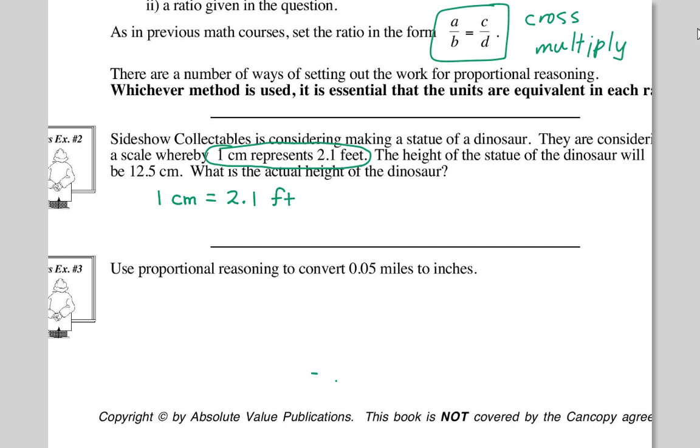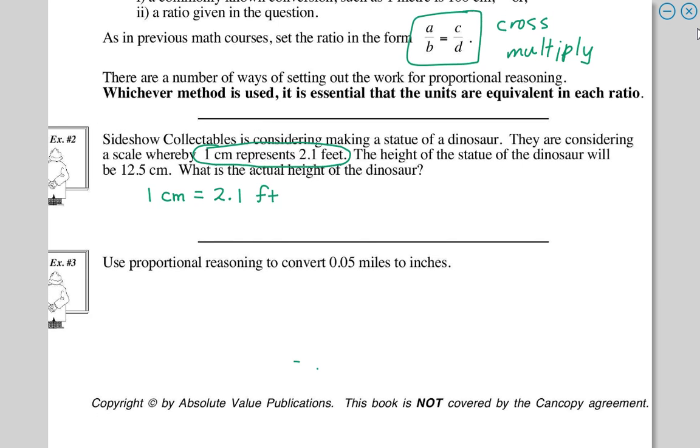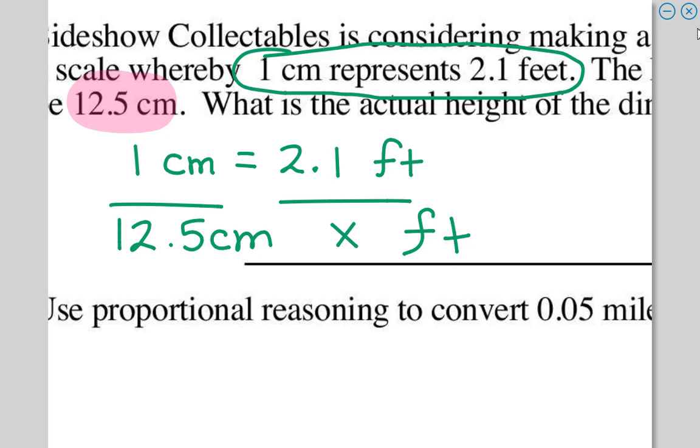Now, what other information did they give us? This guy here. Notice the unit. What unit did they give you? So it must go with the centimeters here. And then that means you're solving for x feet, and you just need to cross multiply. You always divide the thing across x.